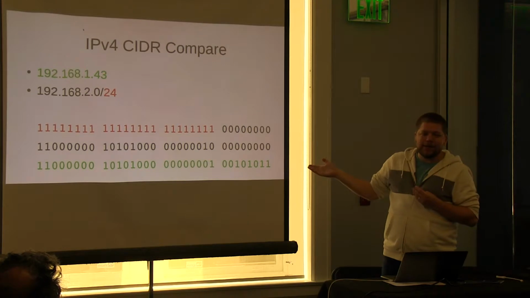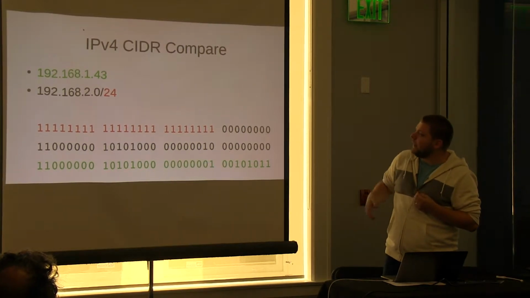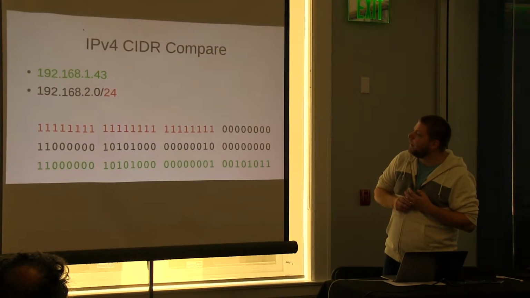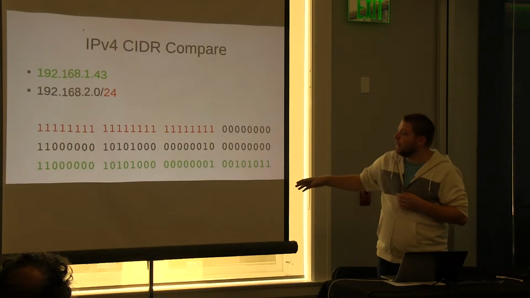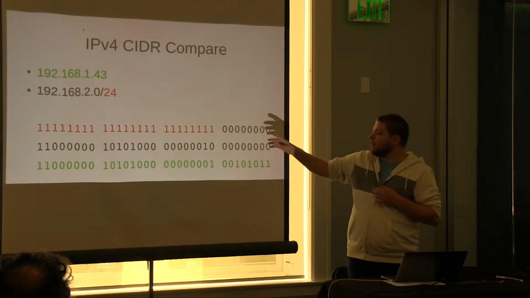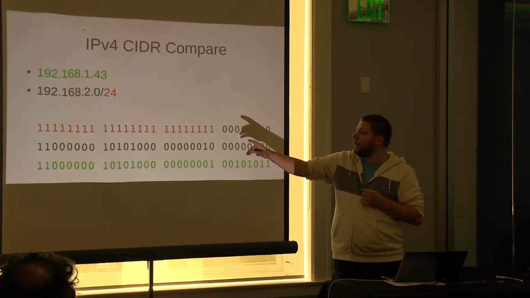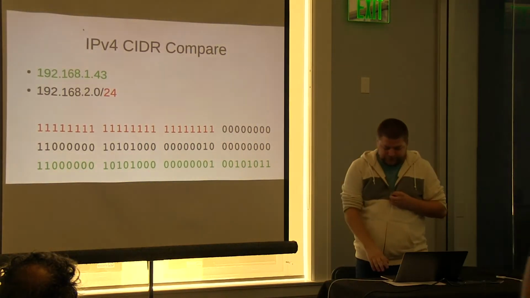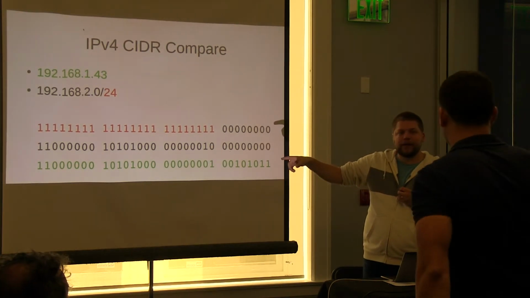This is not really a meaningful graphic without the rest of the slide to get through, so I don't know. I think we're probably just going to have to skip through this. What we were trying to show here is that when you take the binary and of the network address, the bits related to the network address.